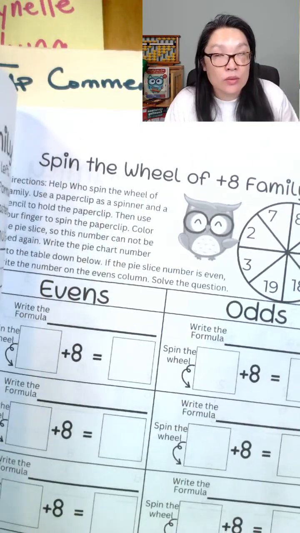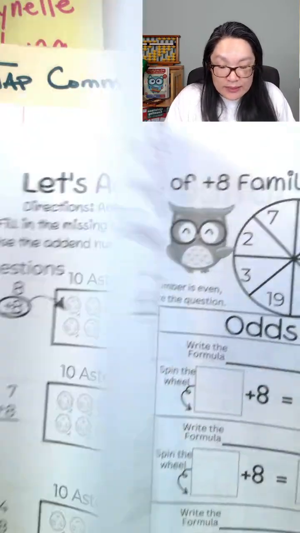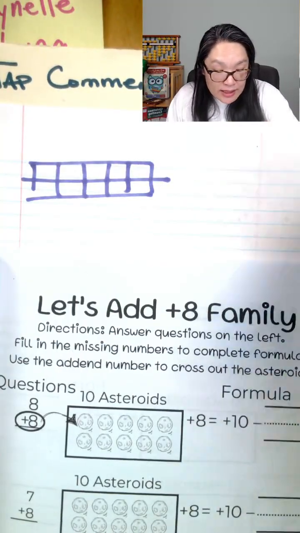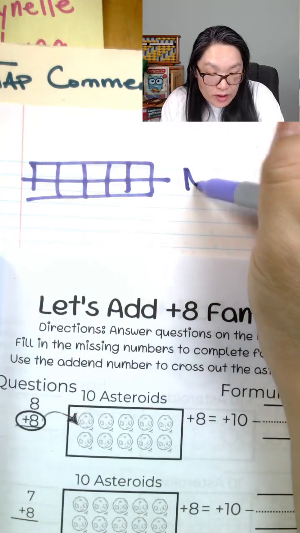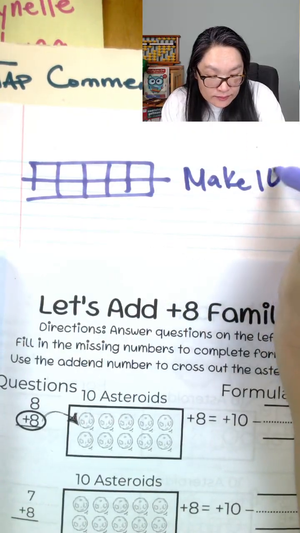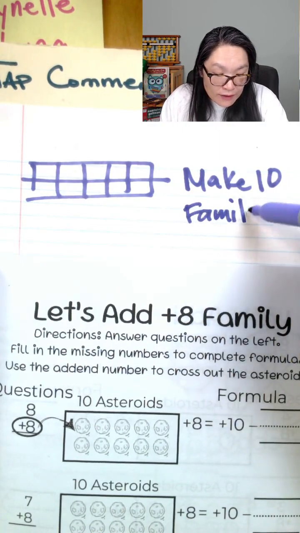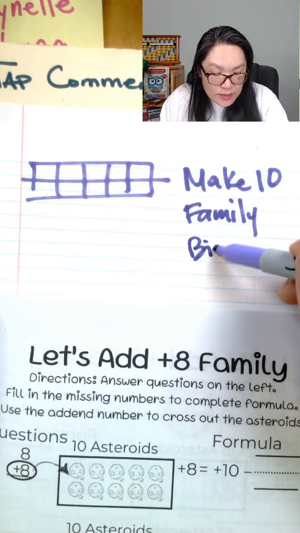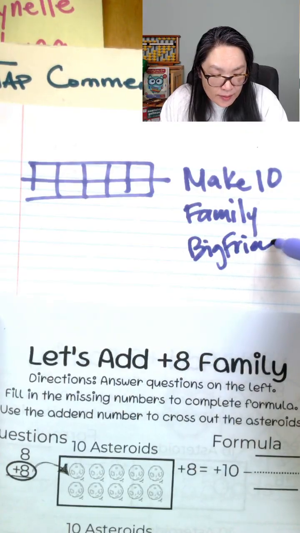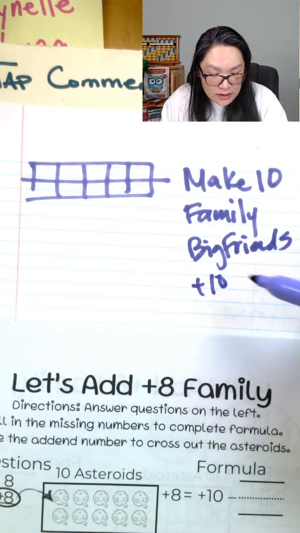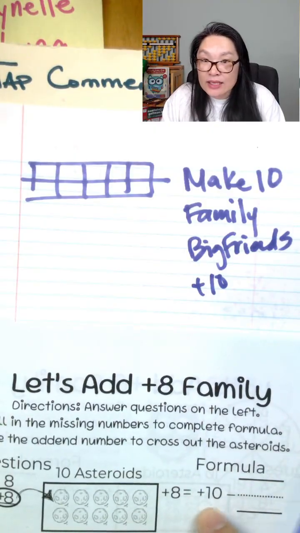In abacus world, there are so many names for it. Some people call it family, some people call it big friends, some people call it plus 10, because adding a 10 is part of the formula.